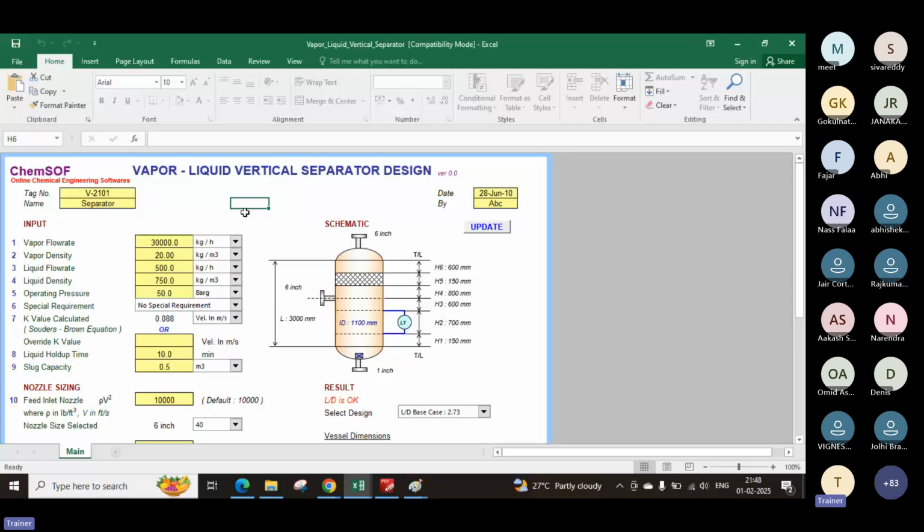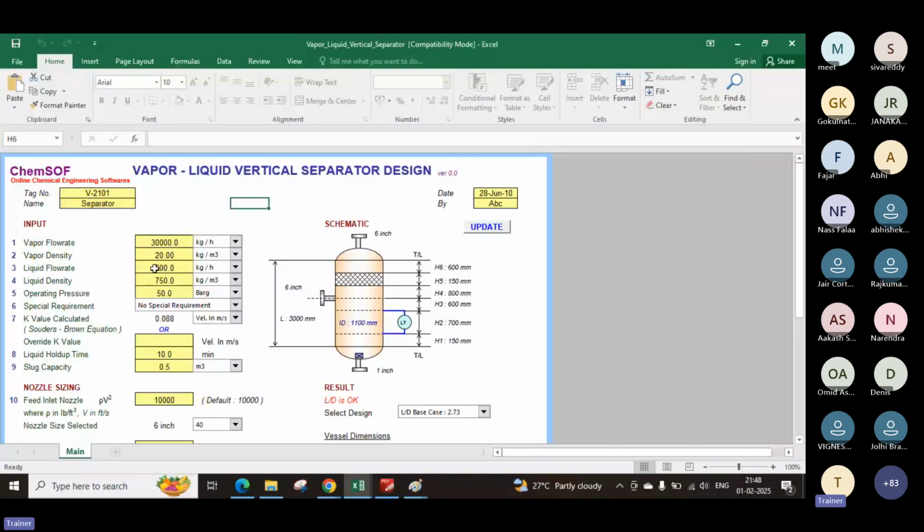The final design comes from the vendor, whether it may be Schlumberger, Technip FMC, or any other local vendor too. This is the same criteria we have used. Generally any sizing sheet looks like this. Based on the company it may change a little bit, but it is the same.